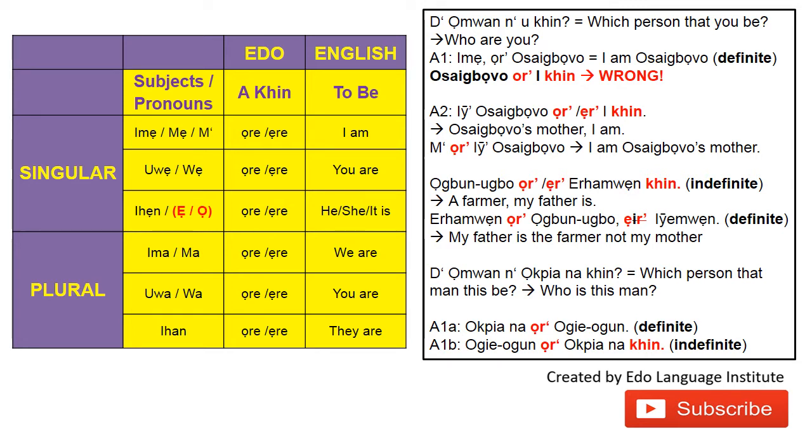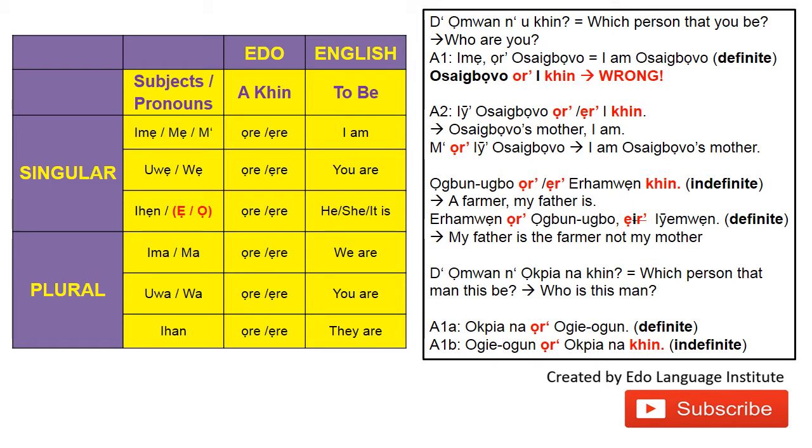So we don't have that. But the information about something being definite or indefinite exists. Let's take an English example. When you say a farmer, it is any farmer, but if you say the farmer, it's a certain farmer. It's that particular farmer. So it's the definite form.